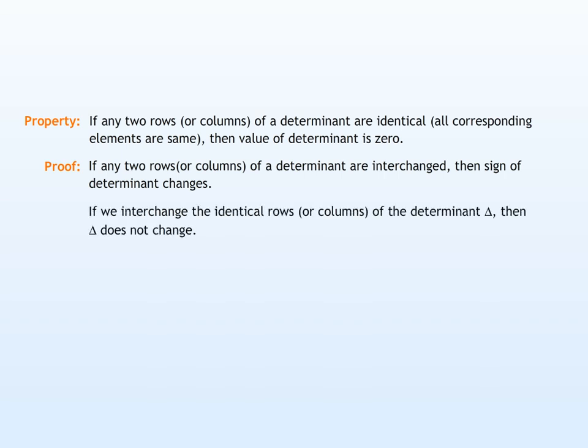But if we interchange the identical rows or columns of the determinant delta, then delta does not change. Therefore, delta is equal to minus delta, or twice delta equals 0. Therefore, delta equals 0.